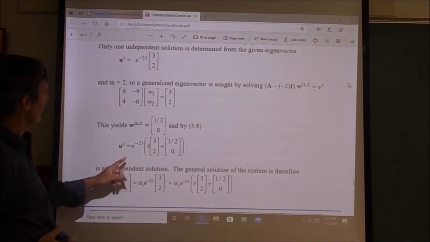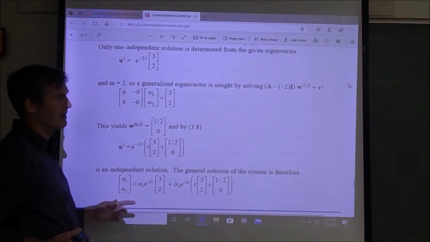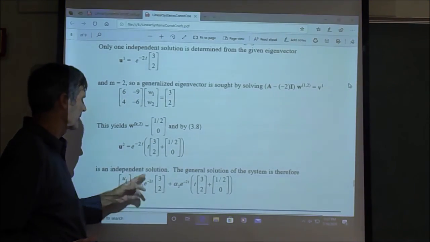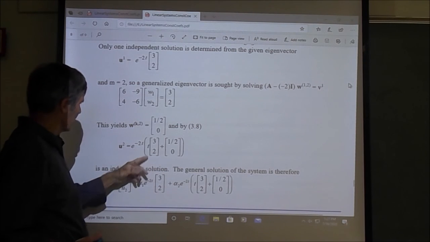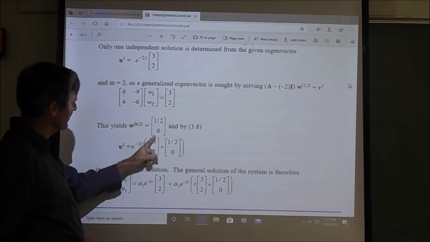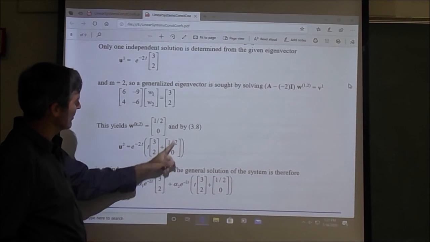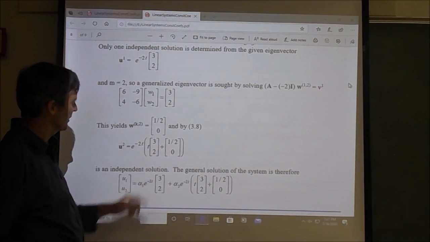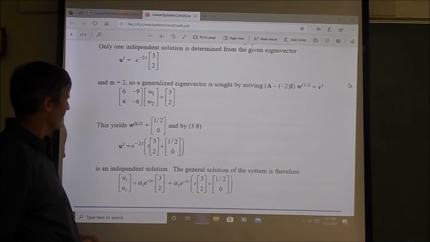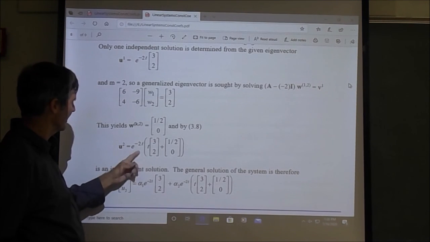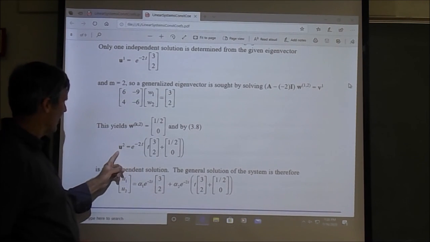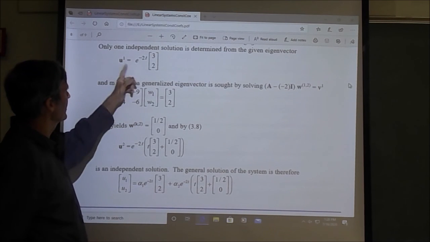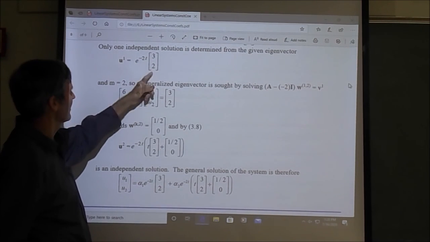From the comment we made before, it's a theorem that we won't prove. It's better if you have a little linear algebra. You take t times the eigenvector plus the generalized eigenvector corresponding to it, all times e to the -2t, and that is a solution. You can plug it in and see. That is independent of the first solution, e to the eigenvalue times the eigenvector.